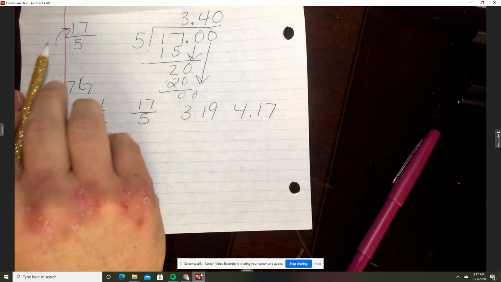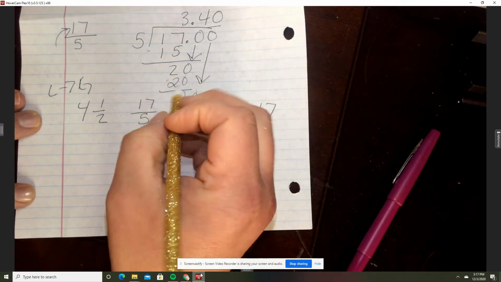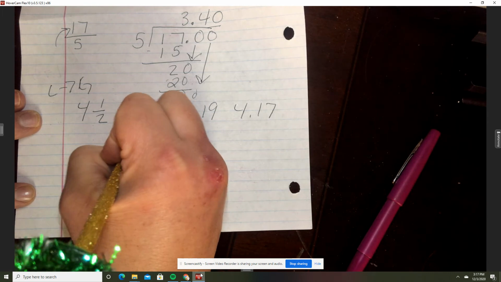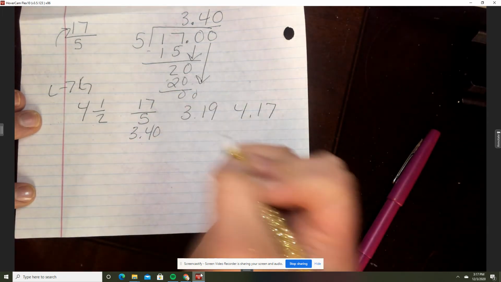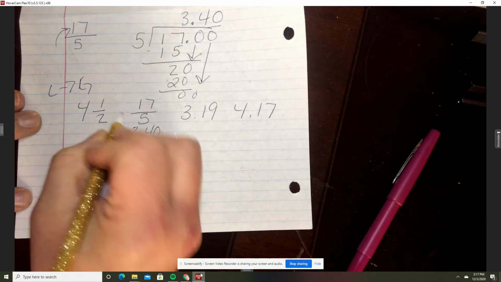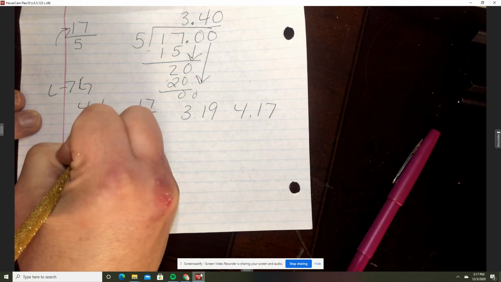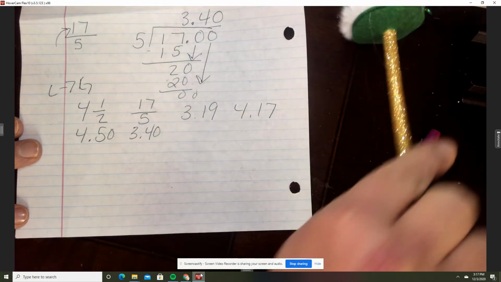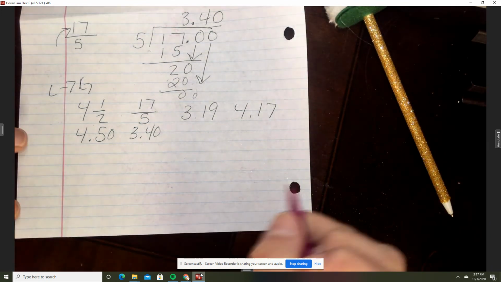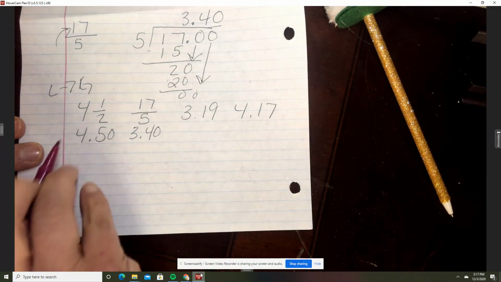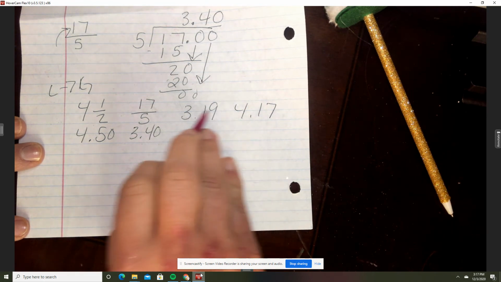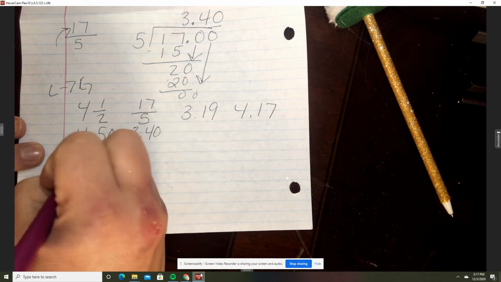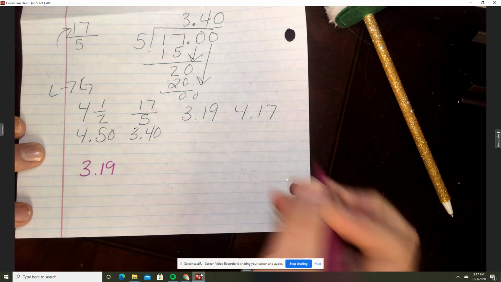All right, we've said that 17 over 5 is going to be 3 and 4 tenths, or 40 hundredths. 4 and a half, well, that's going to be 4 and 5 tenths, like that. Okay, so now we're going to put these in order from least to greatest. The smallest number that I have here is 3 and 19ths.